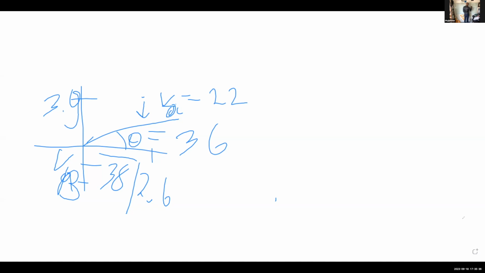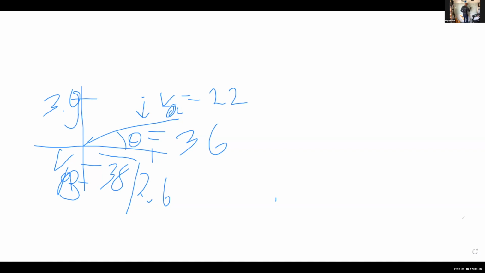So that's going to be 22, VA, plus the y component of VB, which would be VB times the sine of 36.